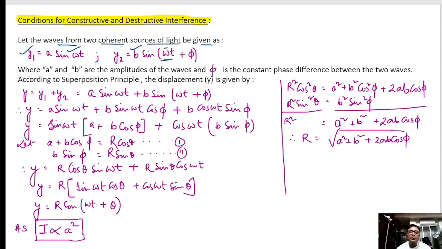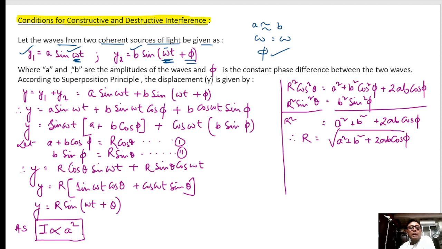So see, the frequency is same, but there is a constant phase difference of phi. Amplitudes are nearly the same. Frequencies are same, but a constant phase difference of phi is maintained. So these are coherent sources.